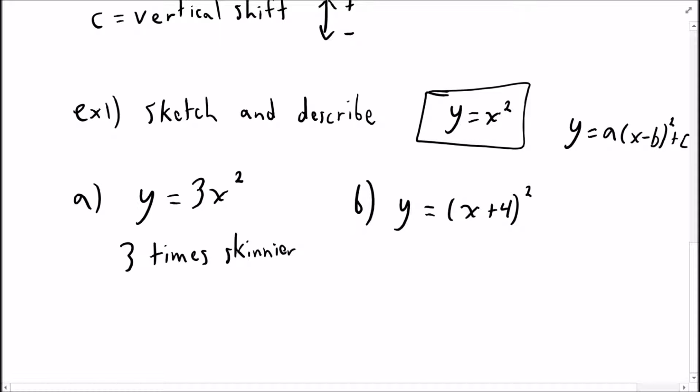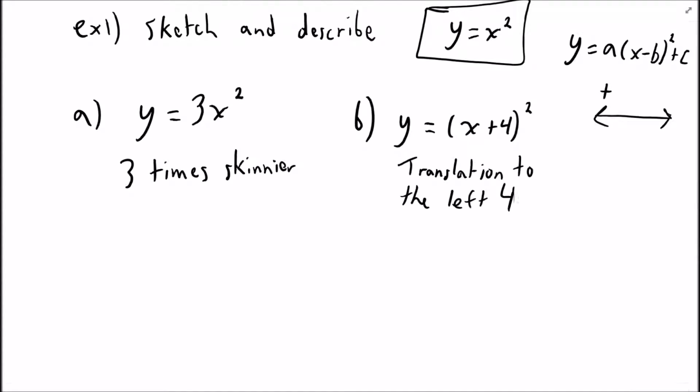That has been shifted. Now, do you remember which way? Left or right? Remember it's opposite, so plus actually moves it to the left. So this time it would be a shift to the left 4. And we call a shift a translation. So you can say it was translated to, or a translation to the left 4.